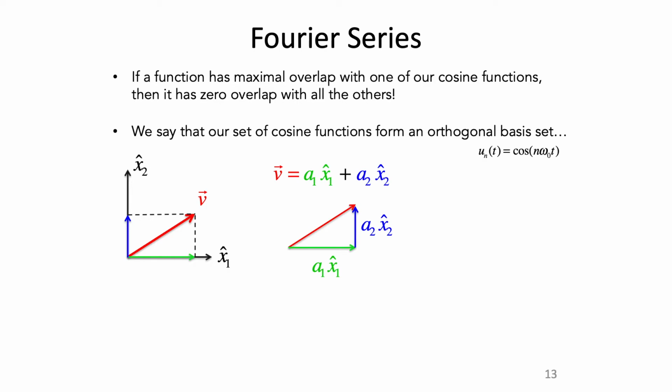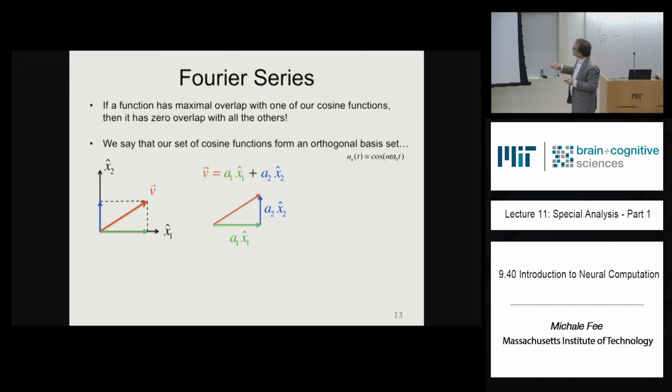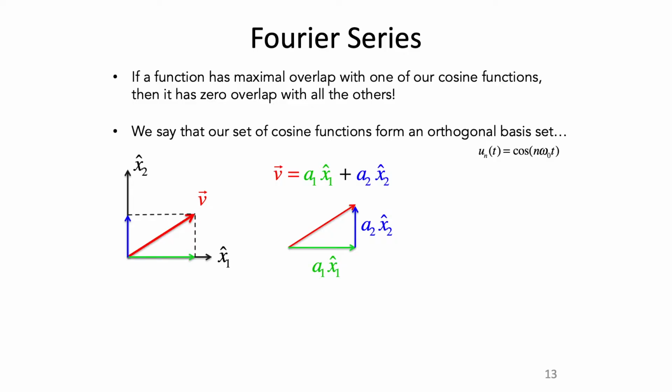Okay, so we're just finding the coefficient so that we can express our signal as a sum of a coefficient times a basis vector plus another coefficient times another basis vector, and so on.